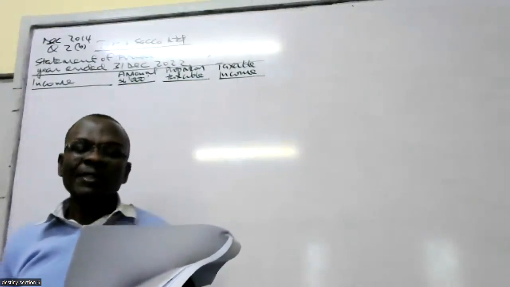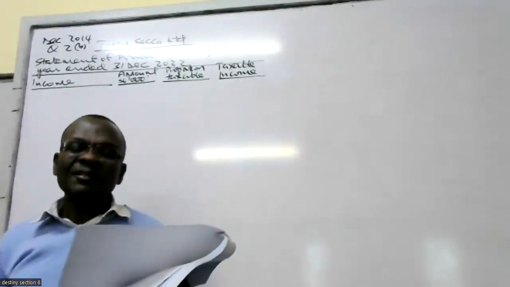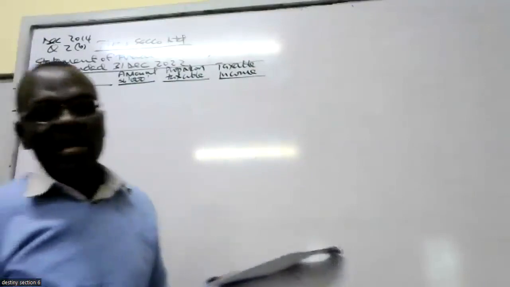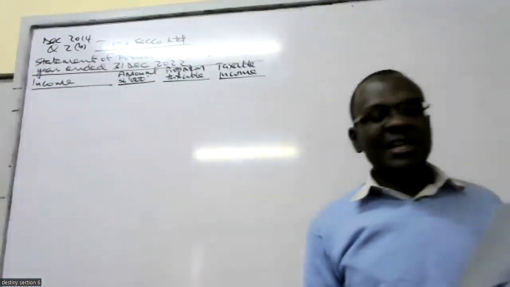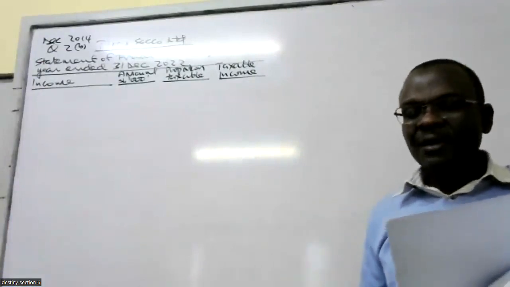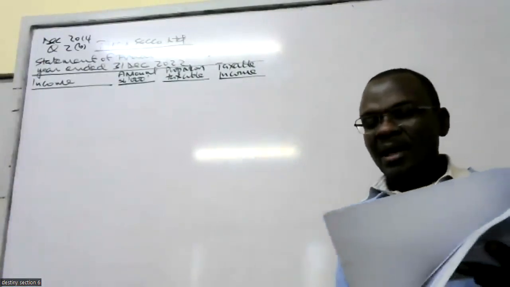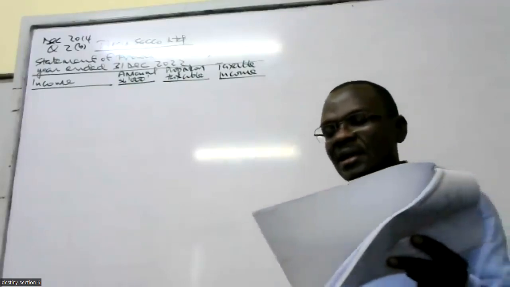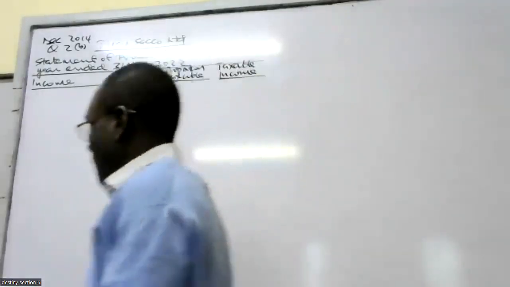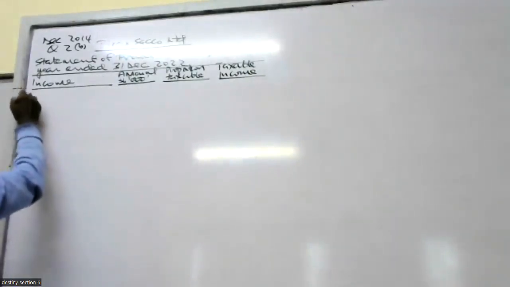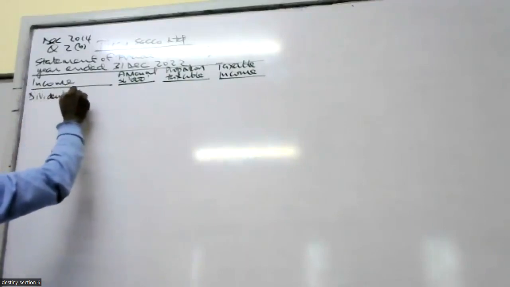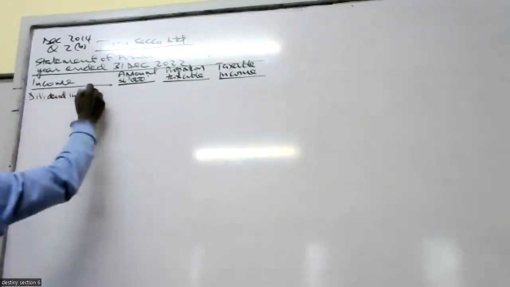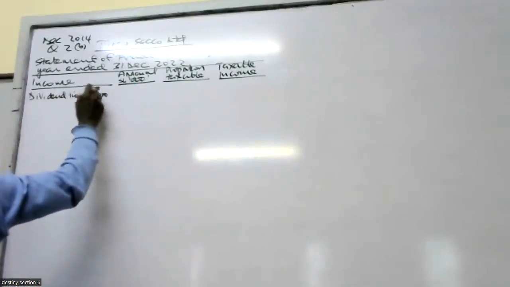Withholding tax is 15%. So 100 minus 15, you're left with 85. So we'll divide by 85, then we multiply by 100 to get the gross amount. So this is dividend income. So we need the dividend gross.